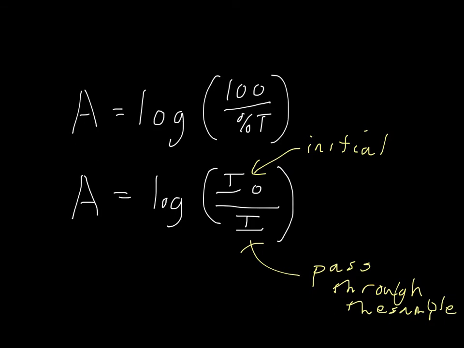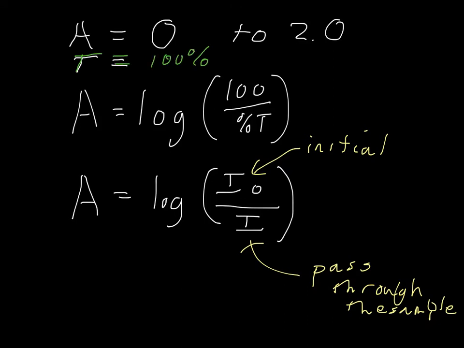Absorbance has values ranging from 0 to 2. 0 absorbance corresponds with 100% transmittance, right?